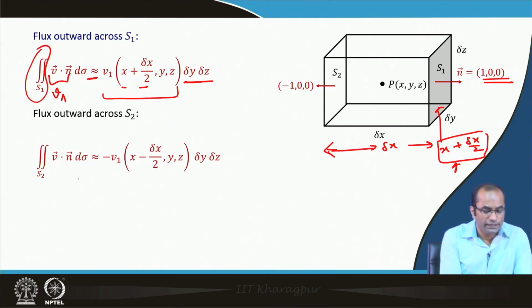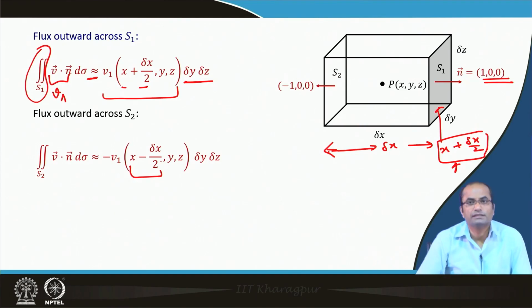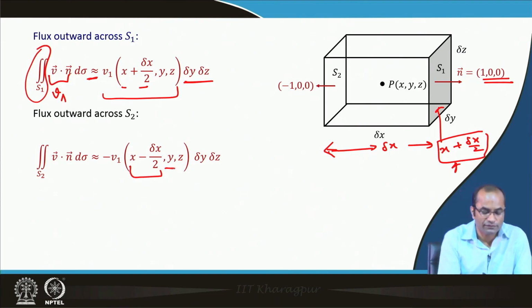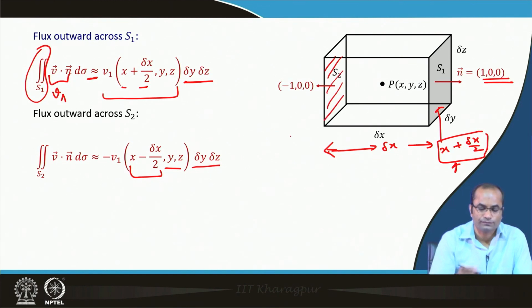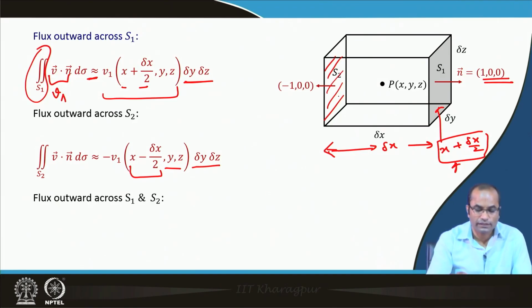So, we have now v1 with x replaced by x minus delta x by 2, and with the same argument we have written this surface integral over this surface which is S2. Now, if we add these two, that means the flux outward across these two faces S1 and S2.